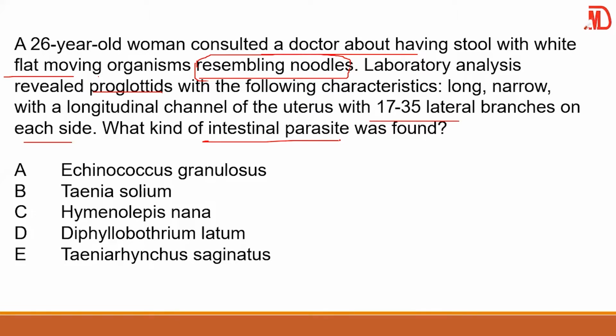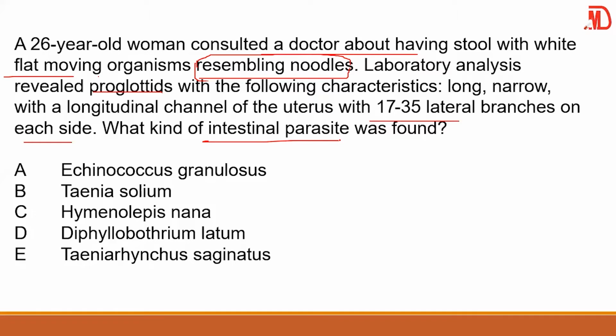And this is simply a type of tapeworm. And how do you differentiate? There are two basic species: Taenia solium and Taenia saginatus. Let me give you one or two things to differentiate between them so you don't get confused.